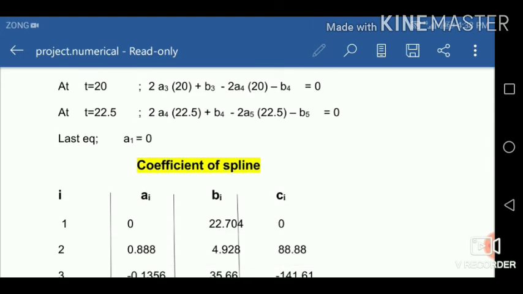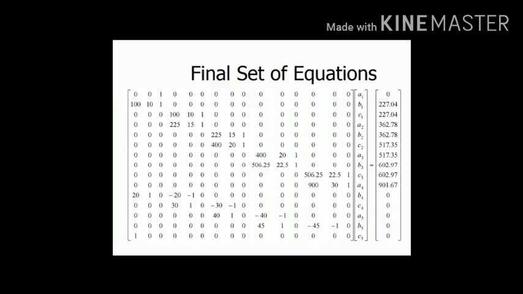As we know the first spline is linear, a1 equals 0. We set all the unknowns in matrix form with their constants, and find all the unknowns by the Gauss elimination method.